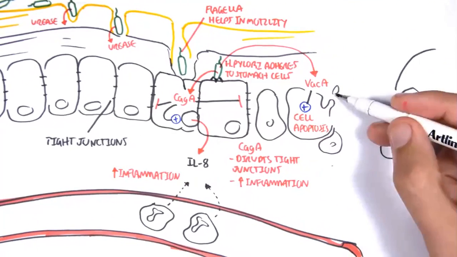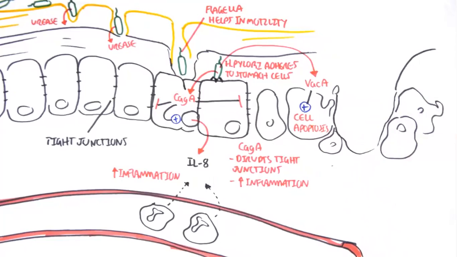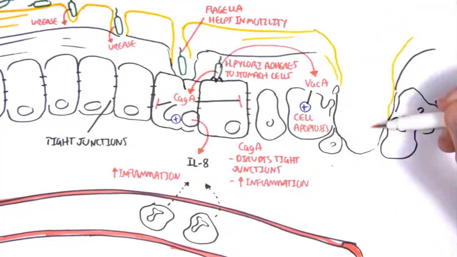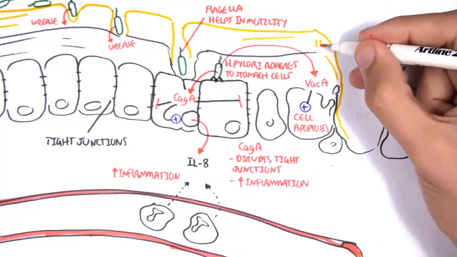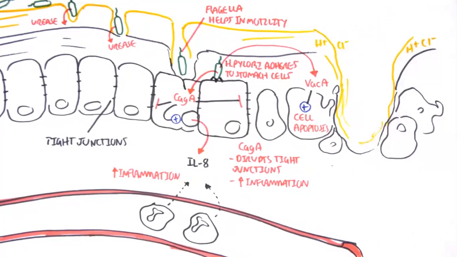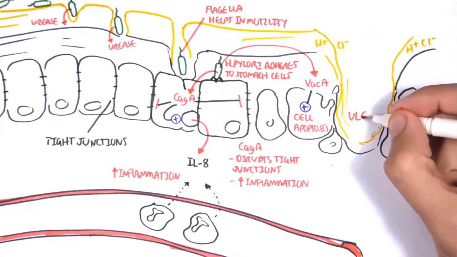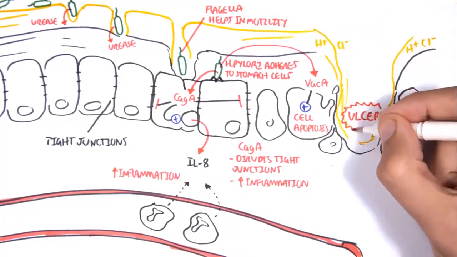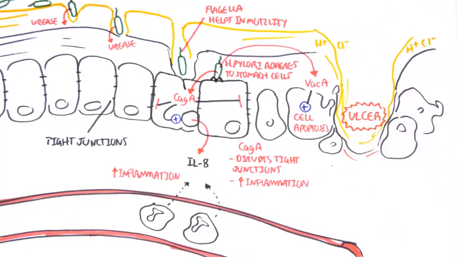Whereas VAC-A is responsible for cell apoptosis, and apoptosis is programmed cell death in which the cell dies, and due to this there is damage to the cell, and hence more and more HCl exposure to the muscle layer, causing the ulcer.